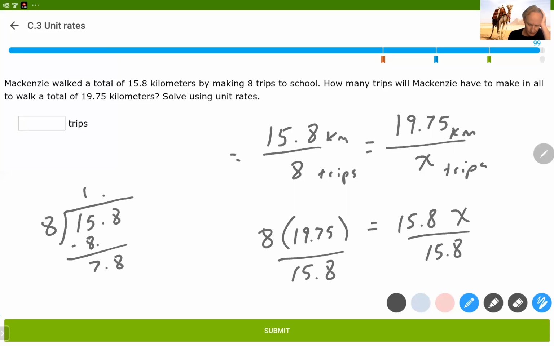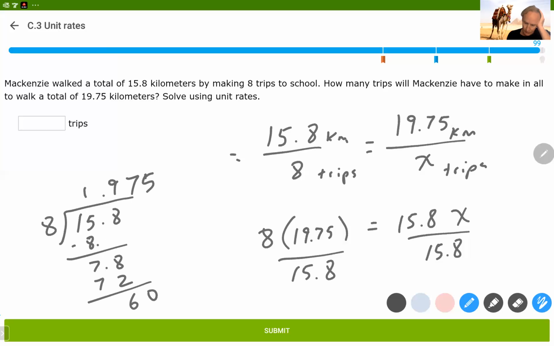What's wrong with me? 9 is 72. And that gives me 6 left over. What's going on? 8 goes into 60 7 times. And that's 56. 1.975.